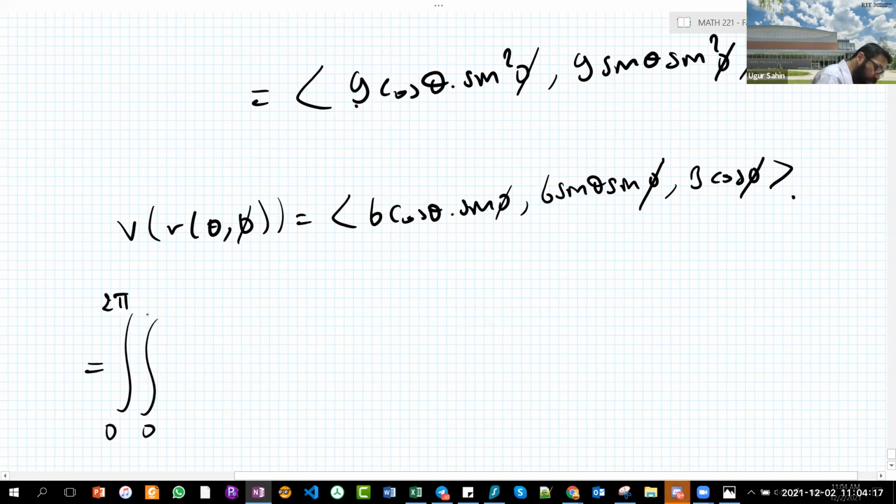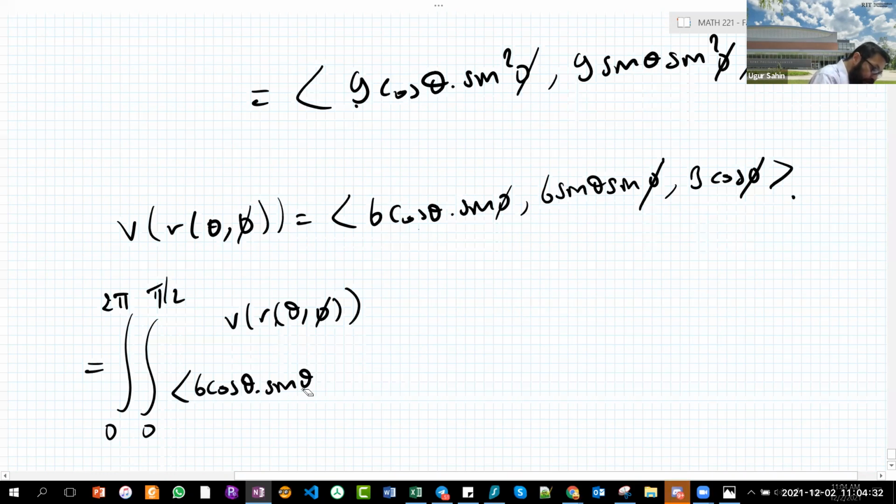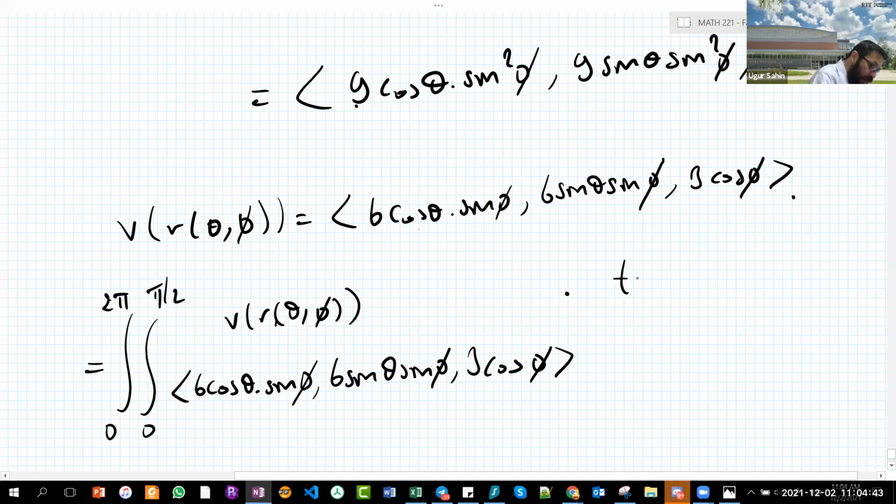All right. Now I'm ready to combine everything in my integral, from 0 to 2 pi and 0 to pi over 2. I'm going to use the parameterization here, which is this vector, 6 cosine theta sine phi, 6 sine theta sine phi, and 3 cosine phi, times T theta cross T phi.